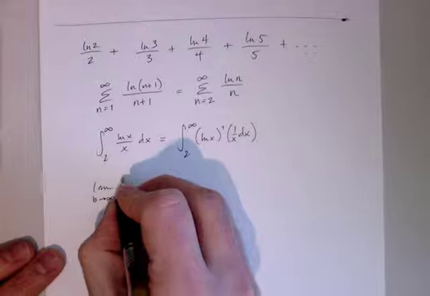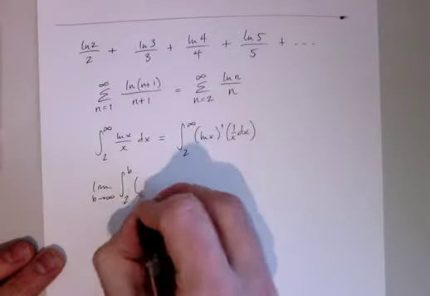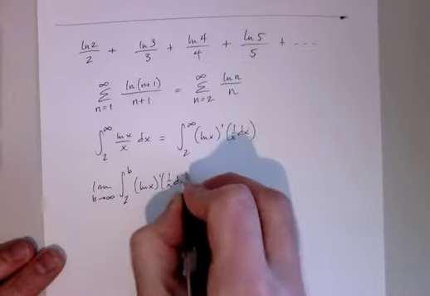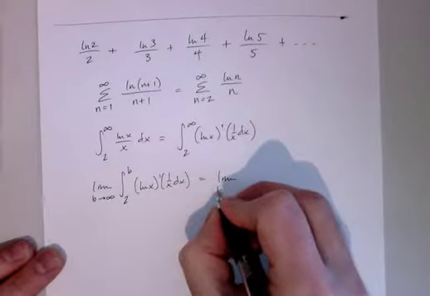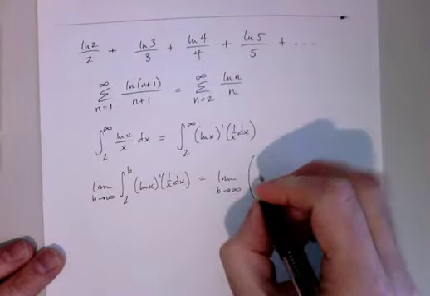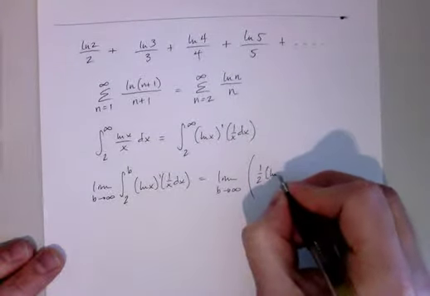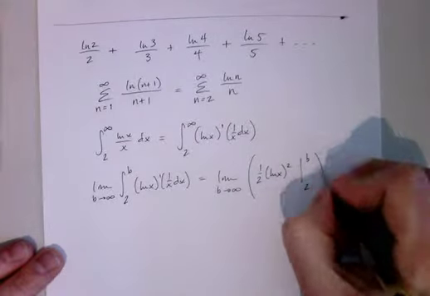So it's the limit as b approaches infinity of the integral from 2 to b of natural log x to the first, times 1 over x dx, and that's u du. So it winds up being the limit as b approaches infinity of 1/2 natural log of x squared, from 2 to b.